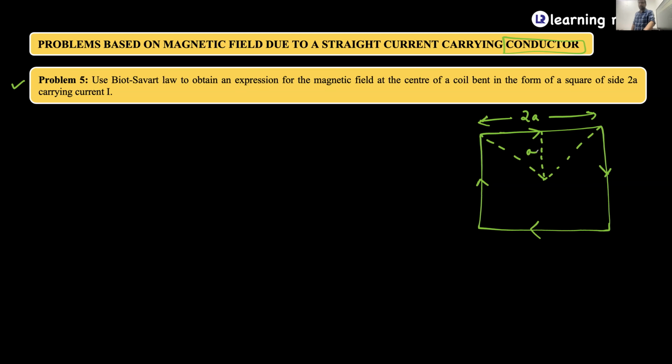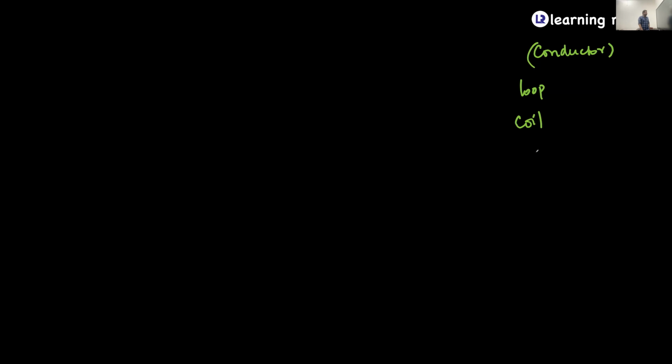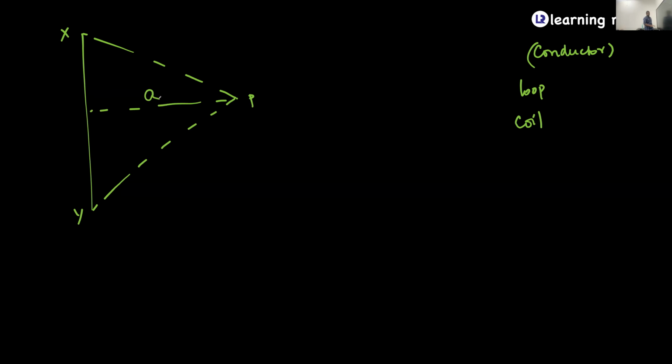Now, one concept I would like to stress and explain is when we take a finite conductor XY and we take a point here which is at a distance A from the current carrying conductor. Let's say the current in this is I. We derived an expression for it whose value is mu naught I divided by 4 pi A into sine phi 1 plus sine phi 2.